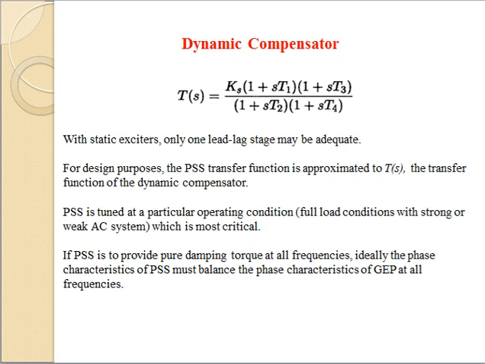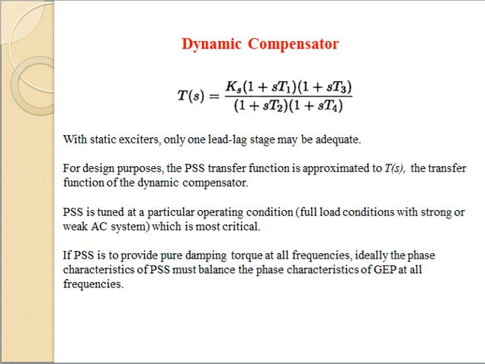Now, the concept behind this is, as you are aware, in part 1 we have covered there are four main parts of power system stabilizer. We always start with the washout circuit, and then now we are understanding the dynamic compensator, and then the remaining two parts are one is torsional filter and another is limiter.